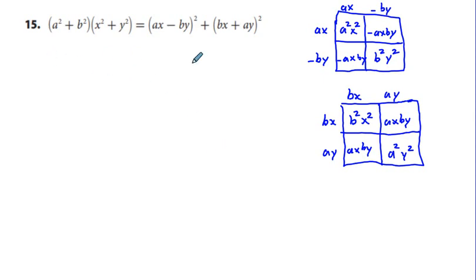And I'm going to take these over here to the left. I'm just going to write them out. We have a squared x squared minus axby minus axby, and then plus b squared y squared.